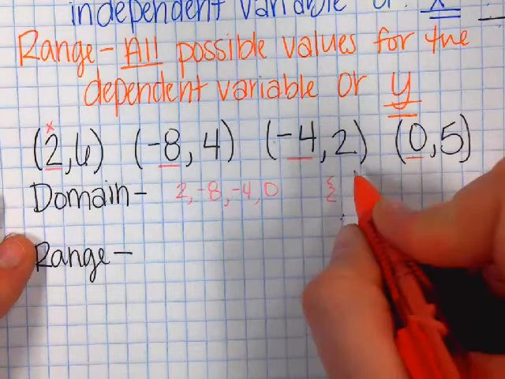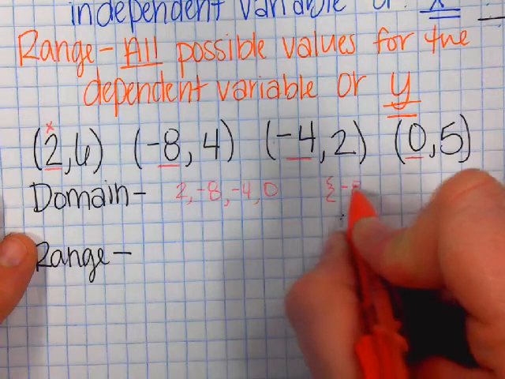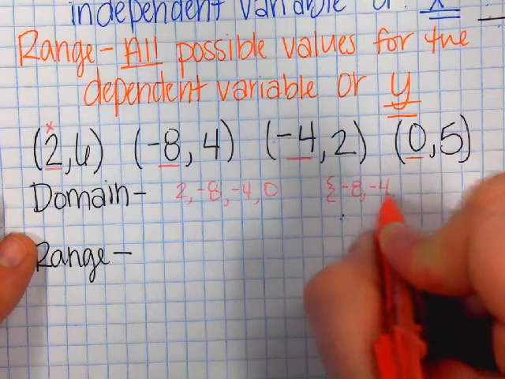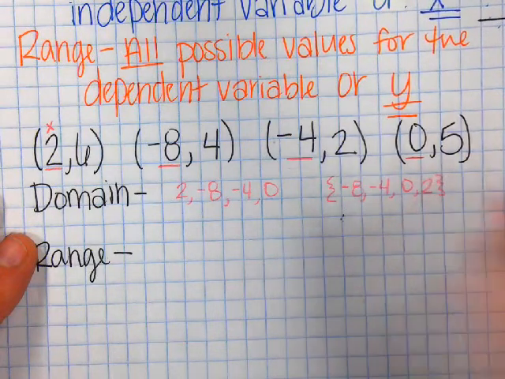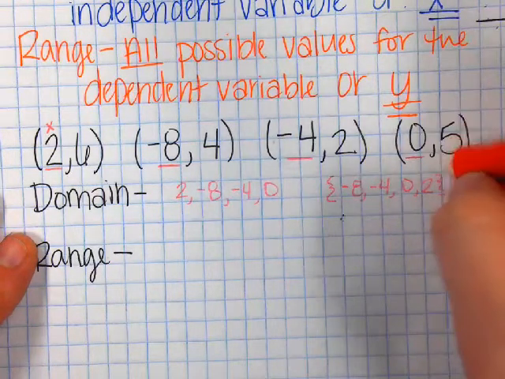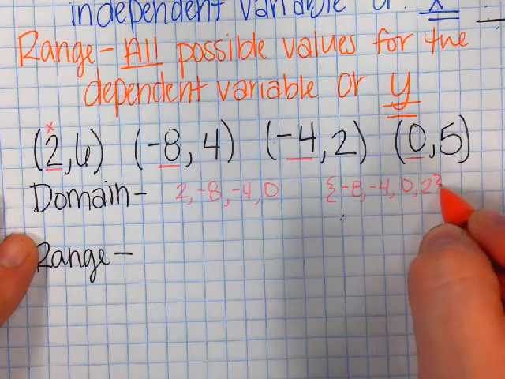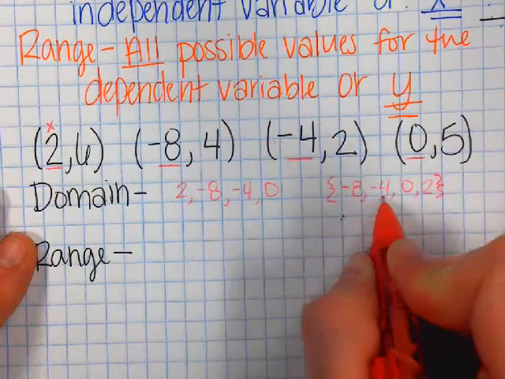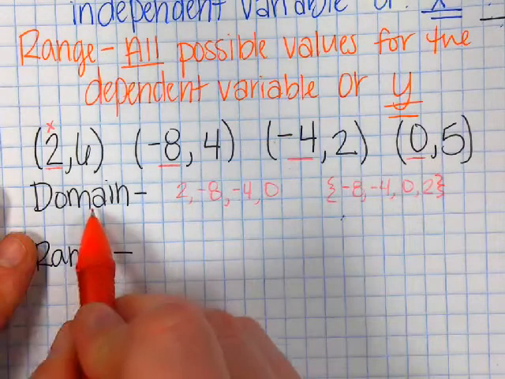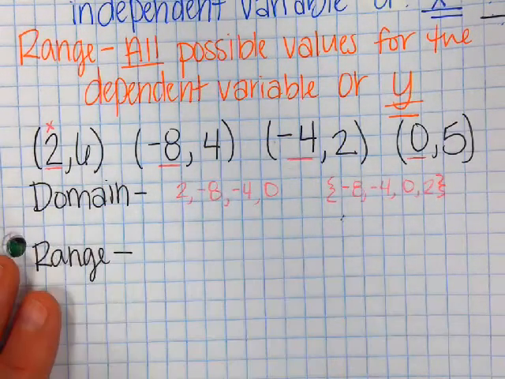You want the smallest number first, so it would be -8, -4, 0, 2. Those are the values for x in this situation.